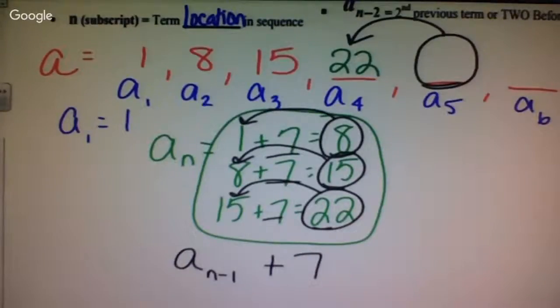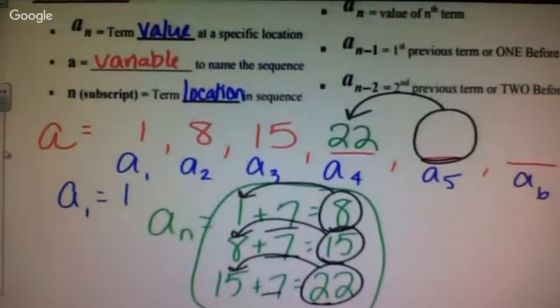If I wanted to go back 2 spaces, I would use a sub n minus 2. If I wanted to go back 3 spaces, we'd use a sub n minus 3, and so on and so forth. What if I wanted to go forward a space? n plus 1. So it's just the distance from what you're trying to find.